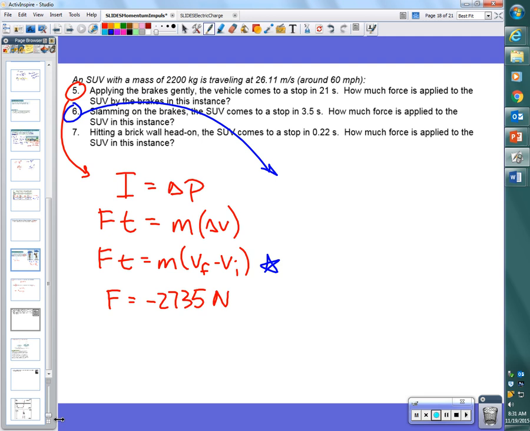So go ahead and figure out the force for that one. And if you want to, do number 7 as well. Well, I suppose it's always if you want to.